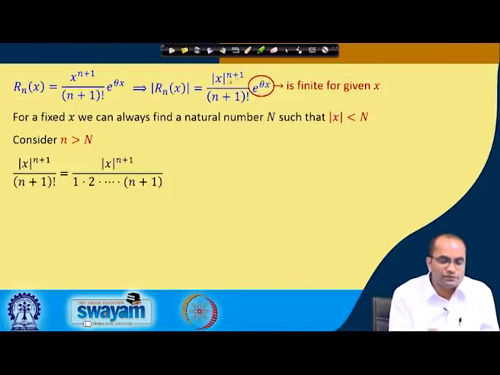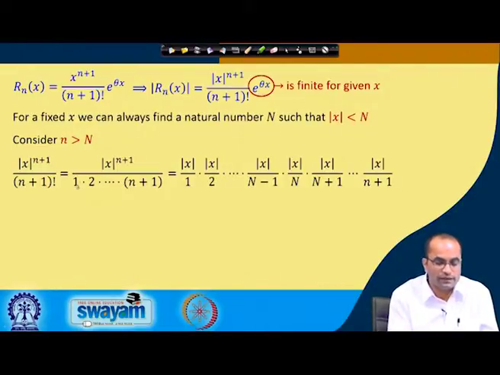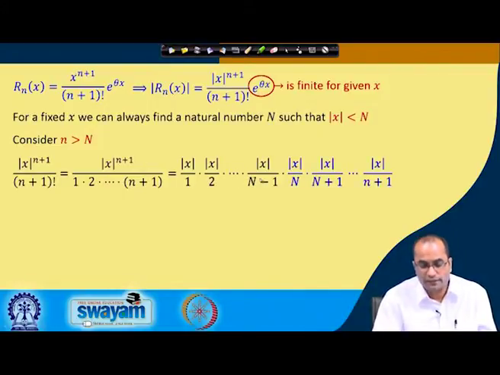Now, we consider this term, modulus x to the power n plus 1 over factorial n plus 1. This factorial n plus 1 is the product of n plus 1, n, up to 1, and we have here modulus x to the power n plus 1. So, we can write it in the form of a product: x divided by 1, x again divided by 2, and so on.